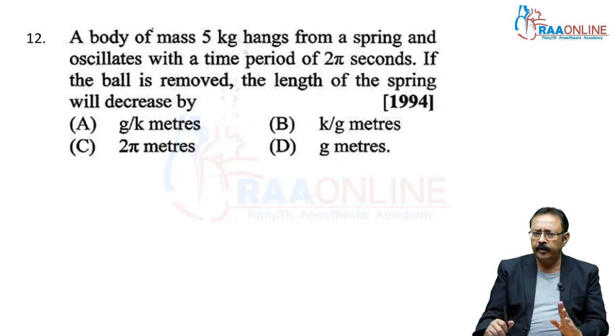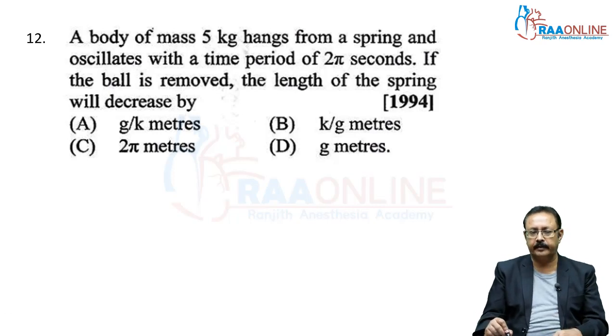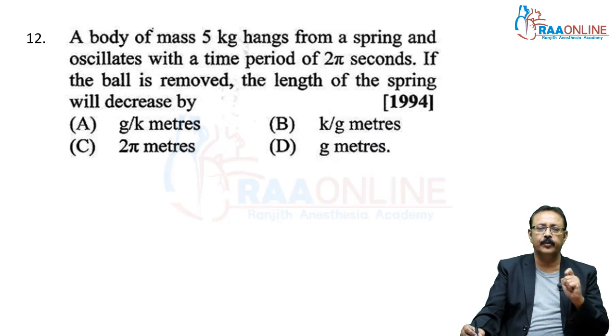12th: a body of mass 5 kg hangs from a spring and oscillates with a time period of 2 pi. If the body is removed, the length of the spring will decrease by... It is a problem from 1994.